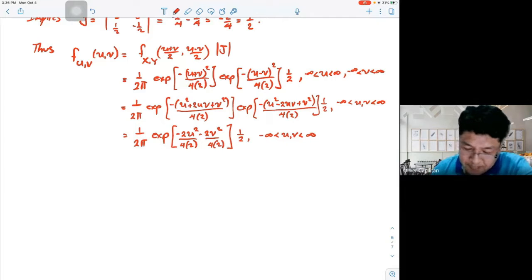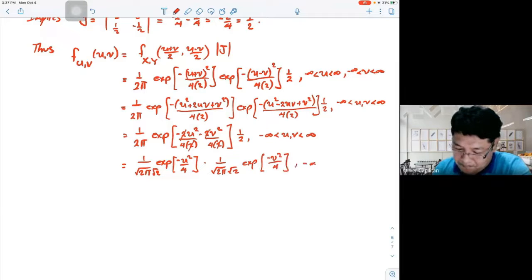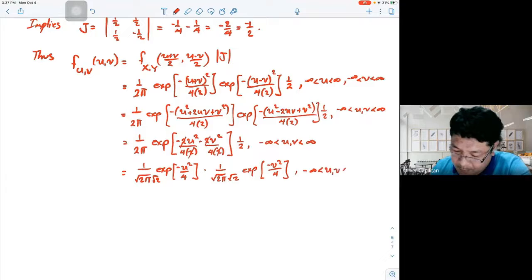And then we can write this as 1 over square root of 2 pi, and then the exponential of negative u square over 4, and we can also write square root of 2 here, for u, v in infinity.